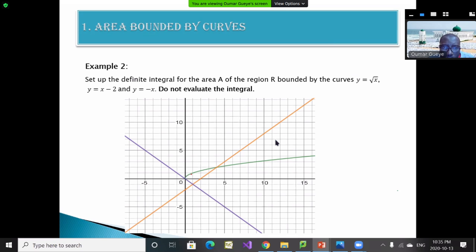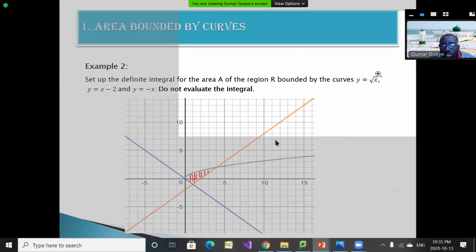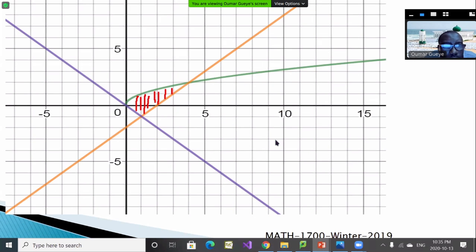The area that we're calculating is this area, bounded by the three curves. Is it okay? So you guys can see, is this the area we wanna get?